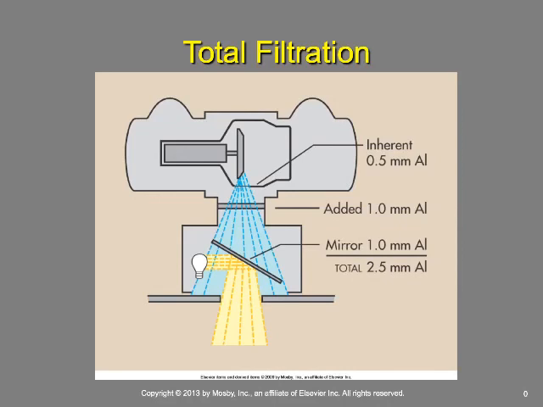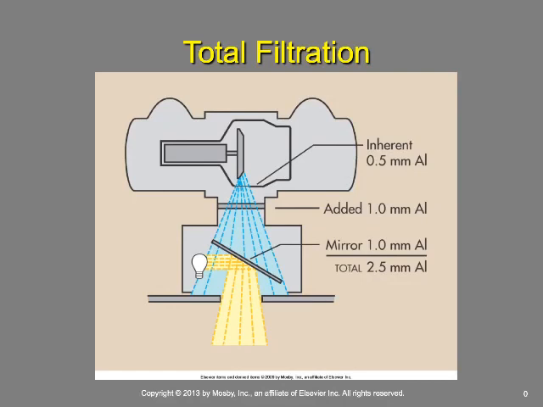So within the X-ray tube, there's a beryllium or aluminum window, and that is going to be responsible for about 0.5 millimeter aluminum equivalent. There's some filtration that is natural to the X-ray tube. Then there's what we call added filtration that is in the form of a filter placed right here between the tube and the collimator, as well as the mirror itself that reflects the collimator light. Those we would call added filtration.